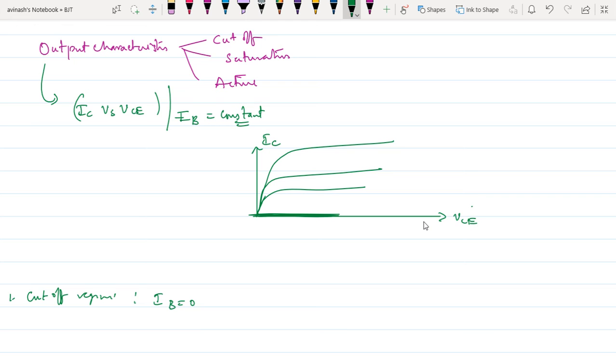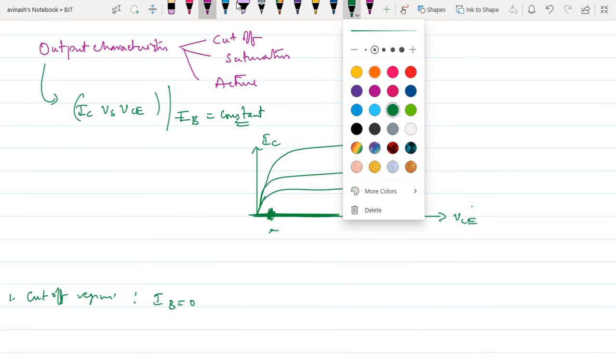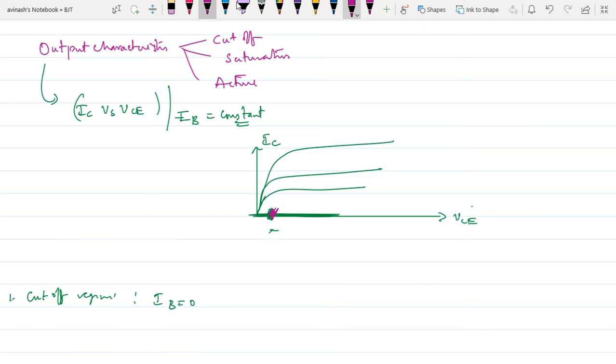This point is called VCE sat, the saturation voltage of common emitter, collector-emitter voltage.